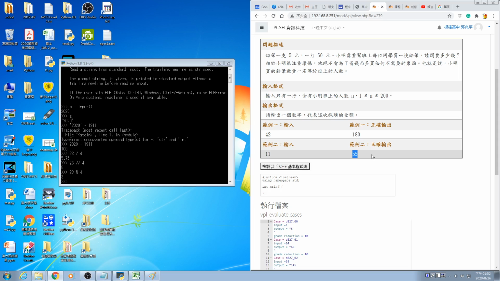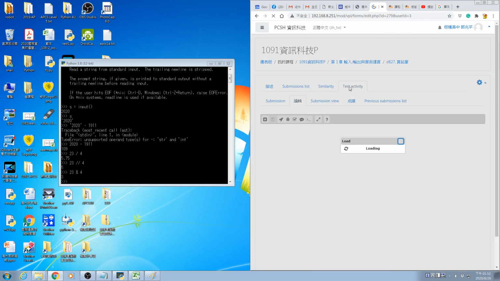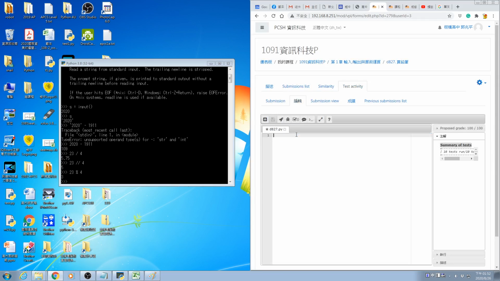Let's do it. All right, now we have a number of students, and we use n, which we'll take from input, and then we'll print n.